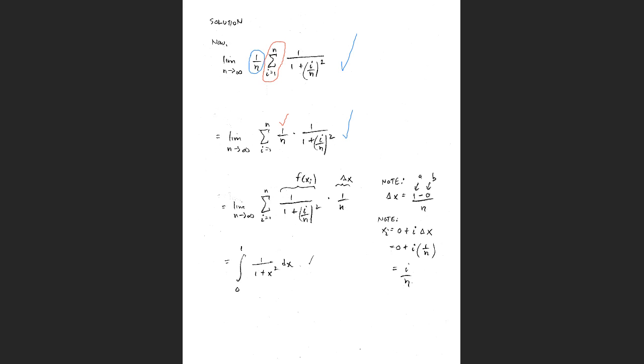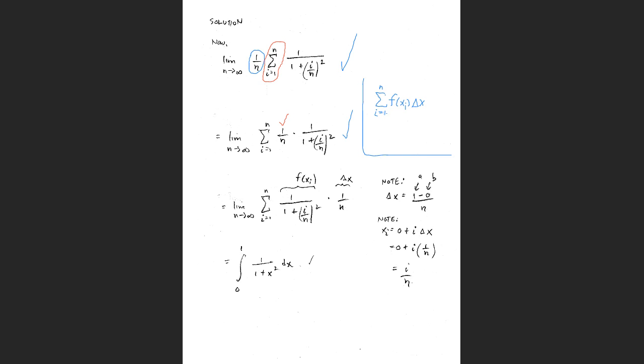The Riemann sum itself is the summation starting at i equals 1, going to n, ending up at i equals n, of f of x sub i times delta x.